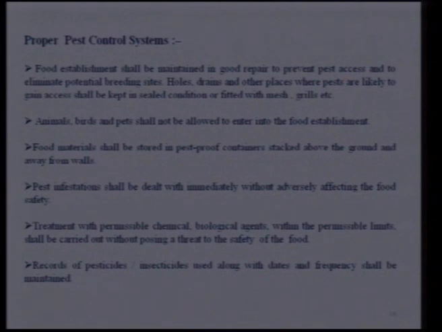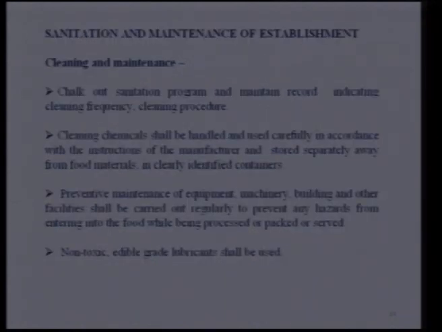And records of the pesticides and insecticides used, along with dates and frequency of such testing, also should be kept, because treatment of chemicals and biological agents, whether within the permissible limits or not, should be checked regularly. So in the storage, these pest control measures should be taken adequately to avoid any chances of contamination.